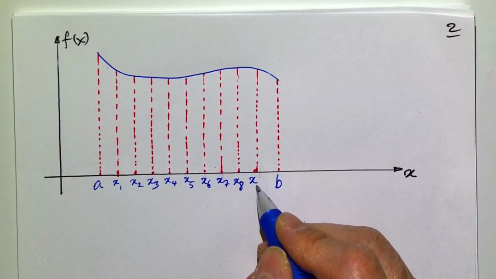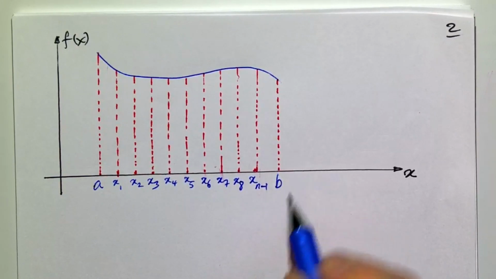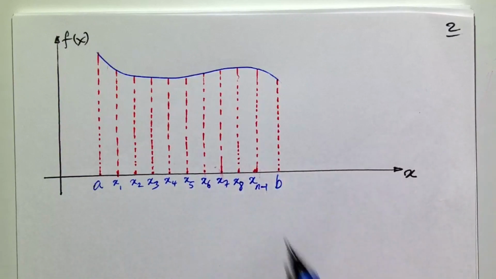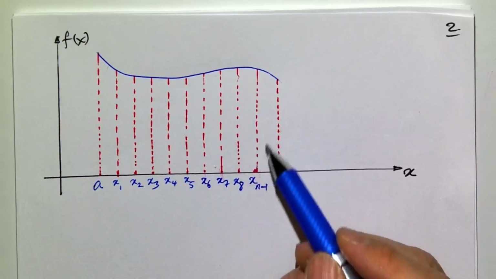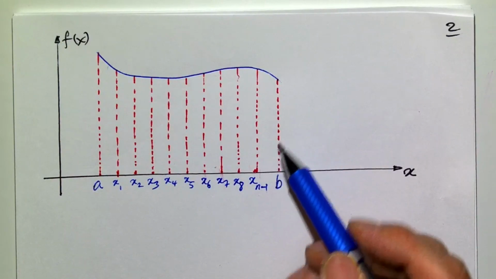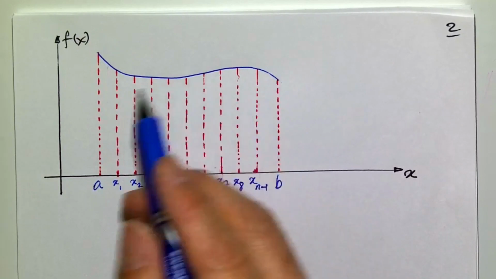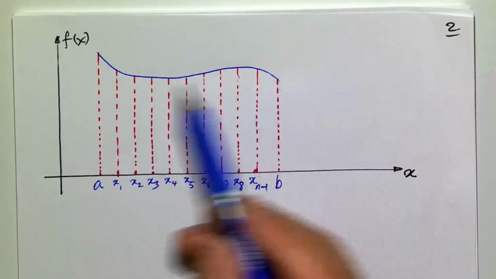And X, let's say N minus 1. And I say N minus 1 because N, we don't know how many, but N is going to be large. N is going to be the number of rectangles under this curve.